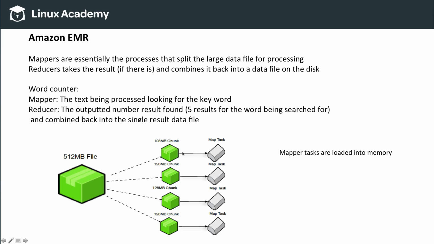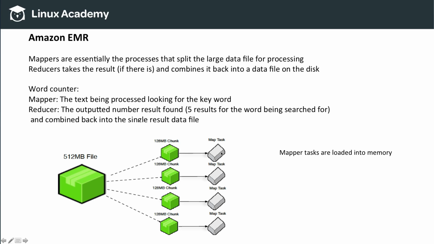So what happens is we can have parallel processing. If we were only able to take a 128 megabyte chunk at a time and we only had one map task, then we would have to wait for this chunk to be done and for it to load another task. So this takes longer for processing. But what we see happening here is we have multiple chunks being created and multiple map tasks processing each chunk in parallel.